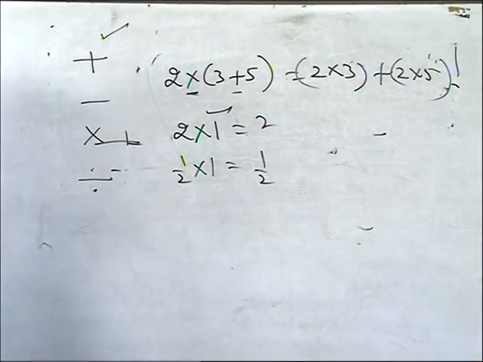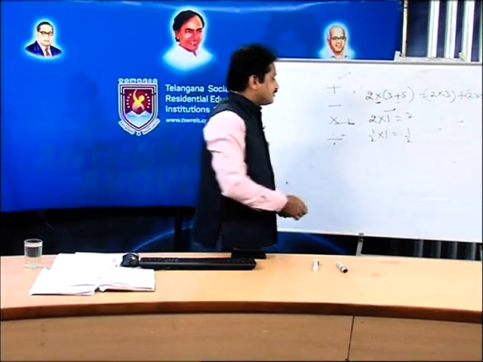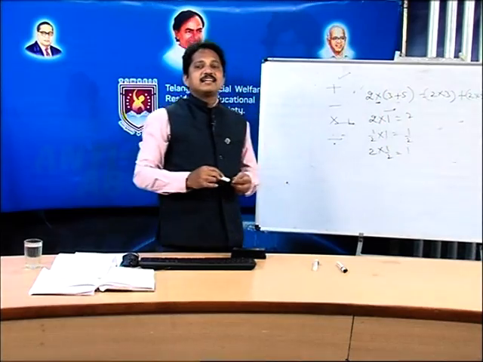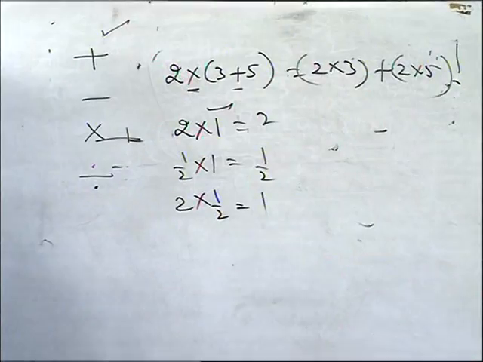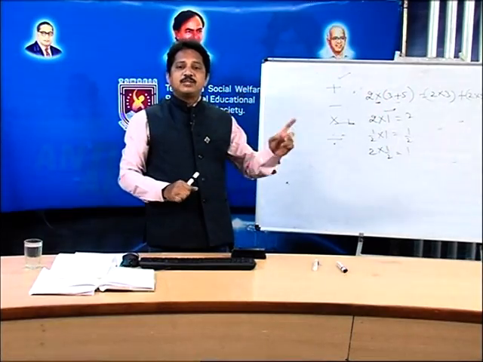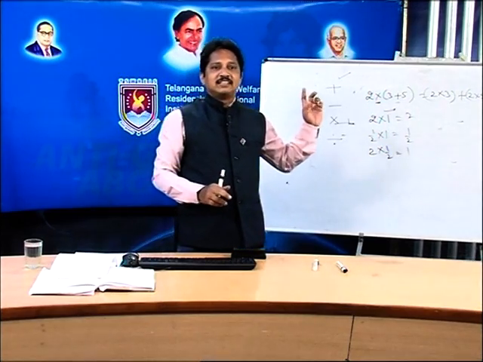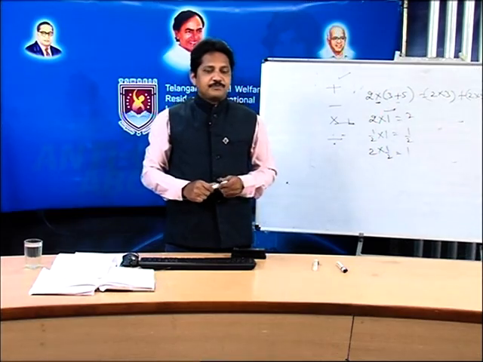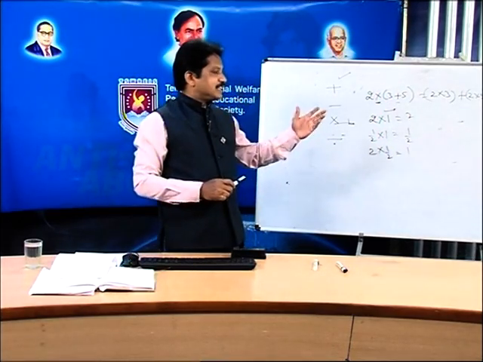This is called multiplicative identity. And when 2 and 1 by 2 are multiplied, the result is 1. So 1 by 2 is called the multiplicative inverse, which is also simply called the reciprocal. Okay, children, do you understand all these things?